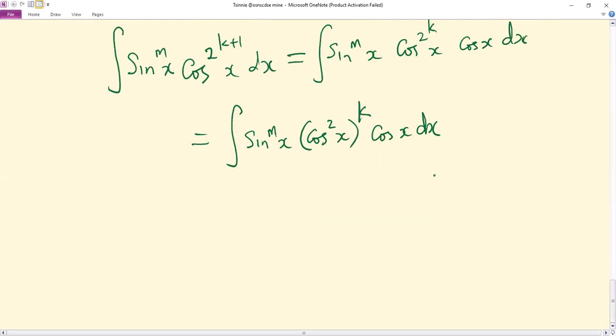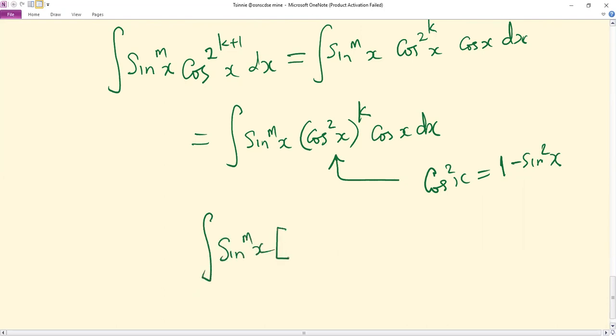And you see, we know that cos squared x is the same as 1 minus sine squared x. So you replace at that position. So we'll have sine power m x into 1 minus sine squared x power k and then cos x dx.